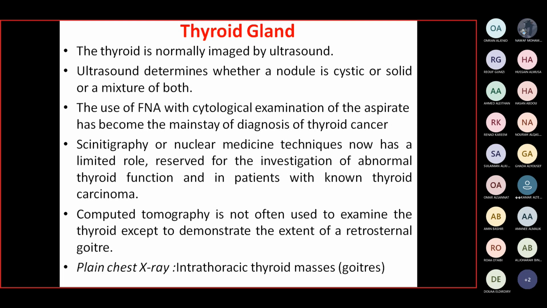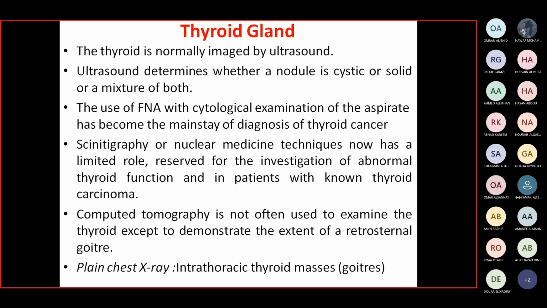The next gland is the thyroid gland. The thyroid gland is normally imaged by ultrasound. Any patient presenting with thyroid abnormality is normally imaged by ultrasound. Ultrasound is the imaging modality that can differentiate between the cystic and solid nature of any abnormal lesion.